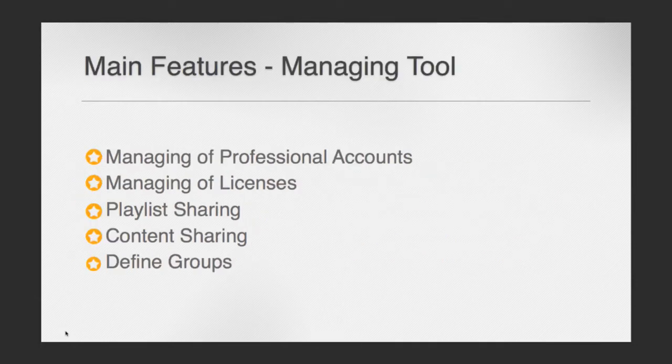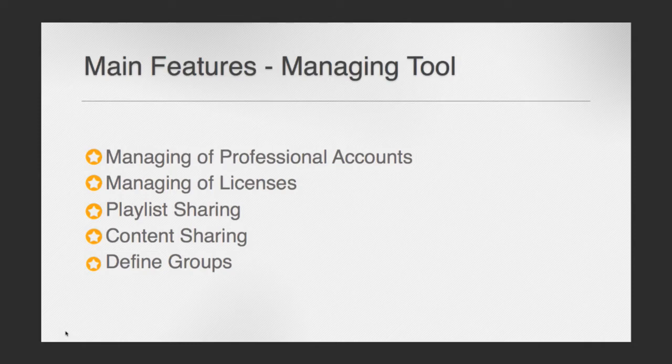So some words about the main features, about the managing tool of the enterprise solution. First of all, the accounts for the clients can be set up and created by the enterprise partner directly. The enterprise partner can manage the amount of licenses for each client's account.